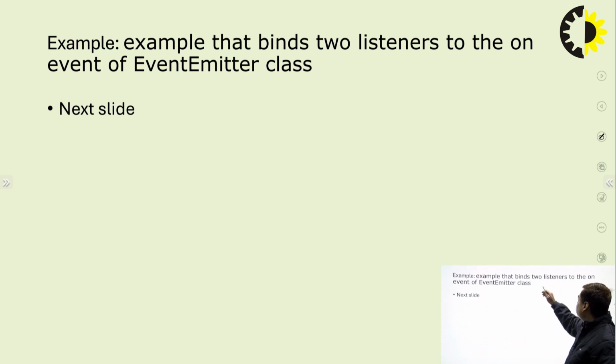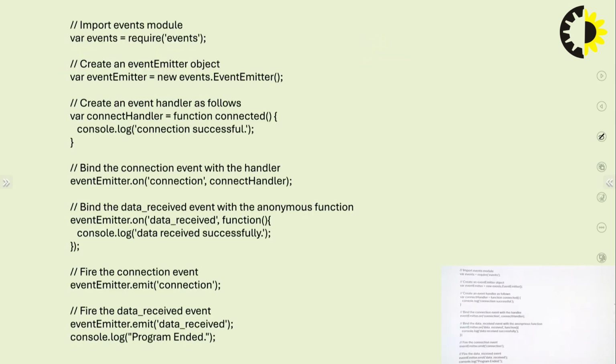The example has two listeners, meaning two callback functions, for the events of the EventEmitter class. So we generate an event and we will call the two events. Here you can see the first part is to import the events module.